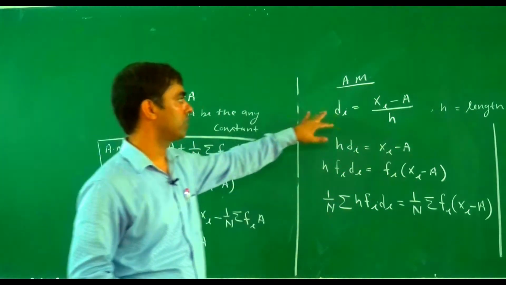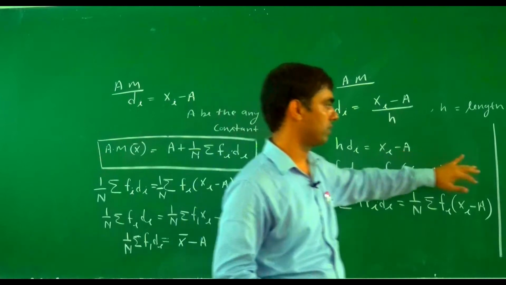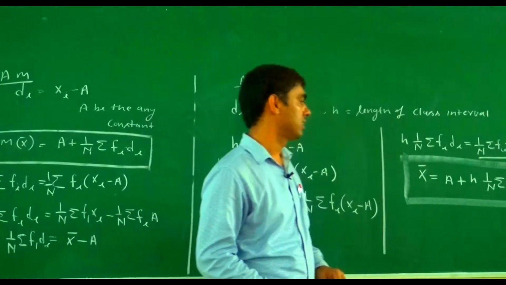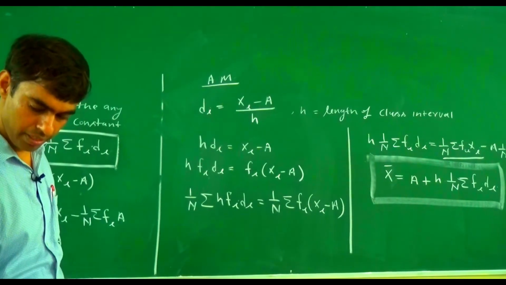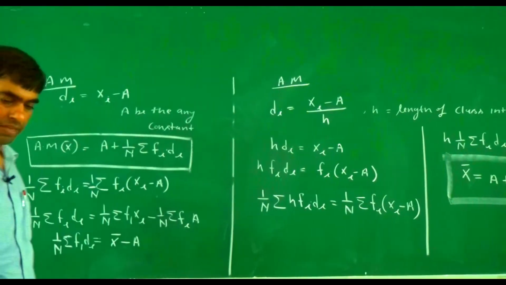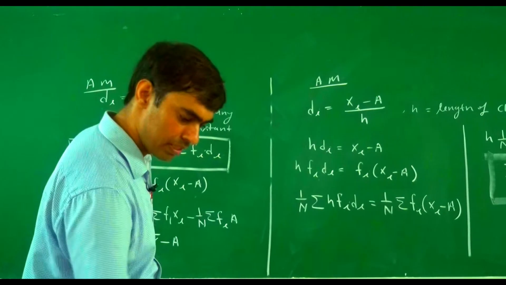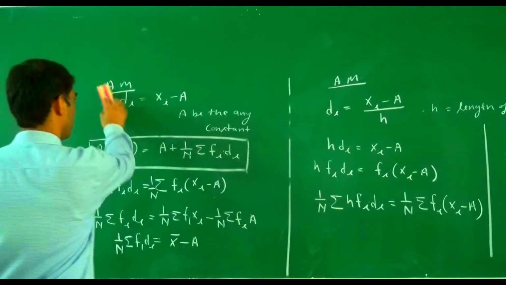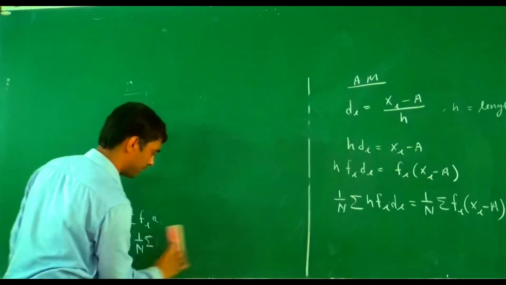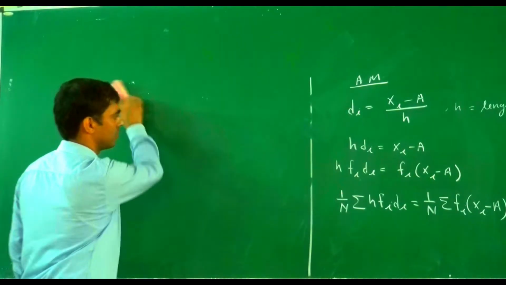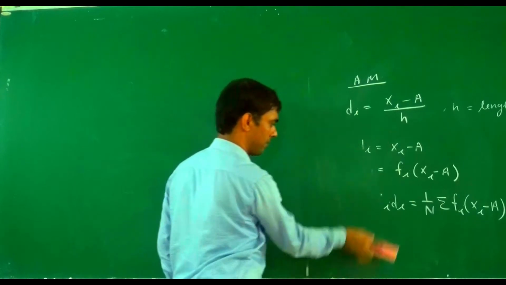If di equals xi minus a upon h, then x bar equals a plus h times 1 upon n summation of fi di. So these are the different forms of arithmetic mean. Now we discuss the properties of arithmetic mean, then we solve some numerical problems based on arithmetic mean.